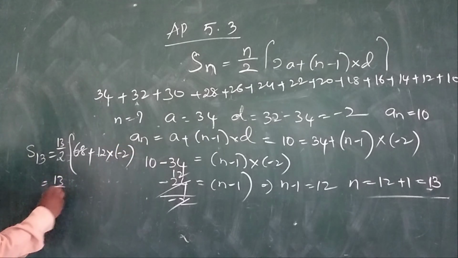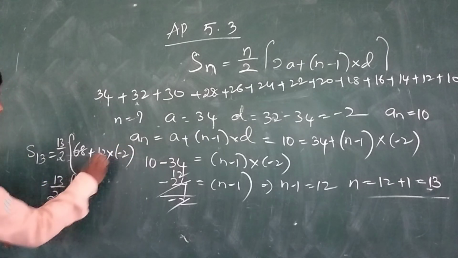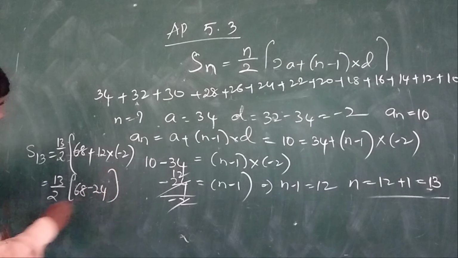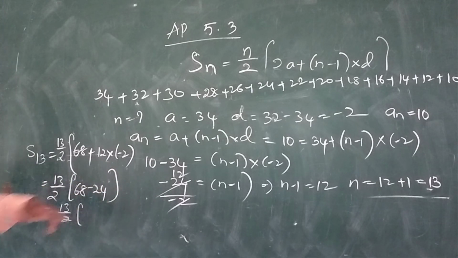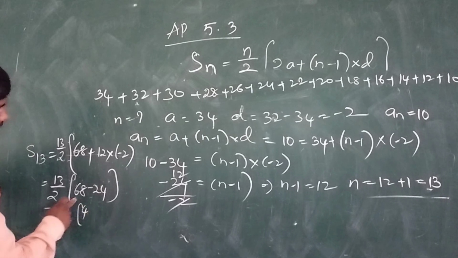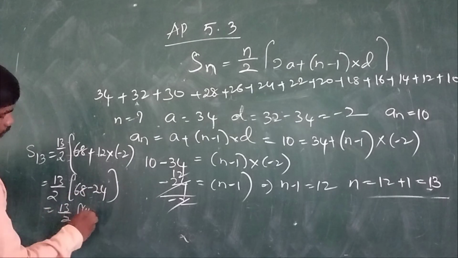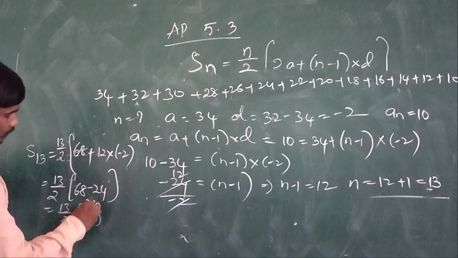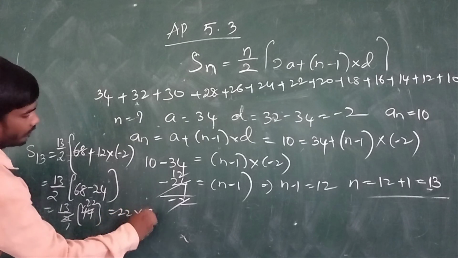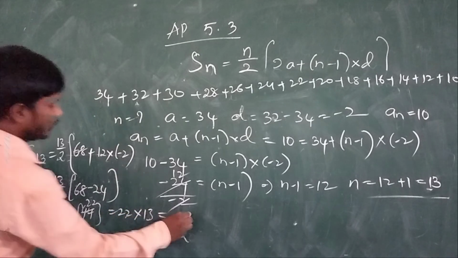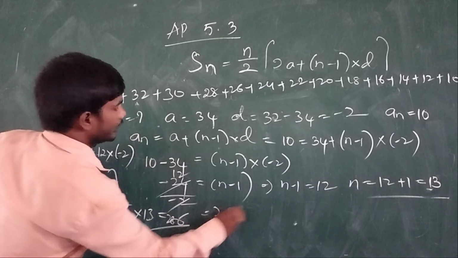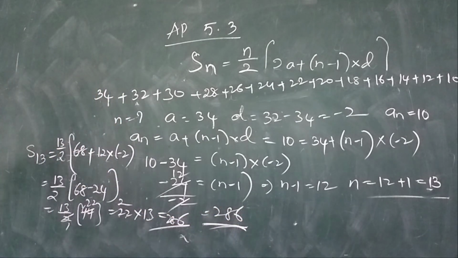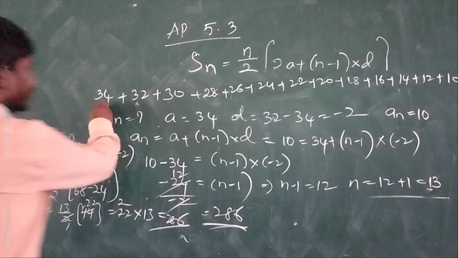So 13 by 2 into 68 minus 24, that is 44. So 2 22s are 22, into 13. 13 2s are 26, so 286 is the answer, the sum of all these terms.